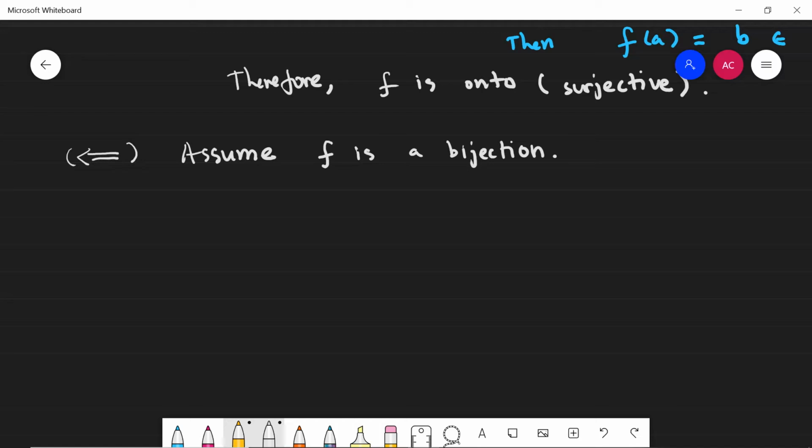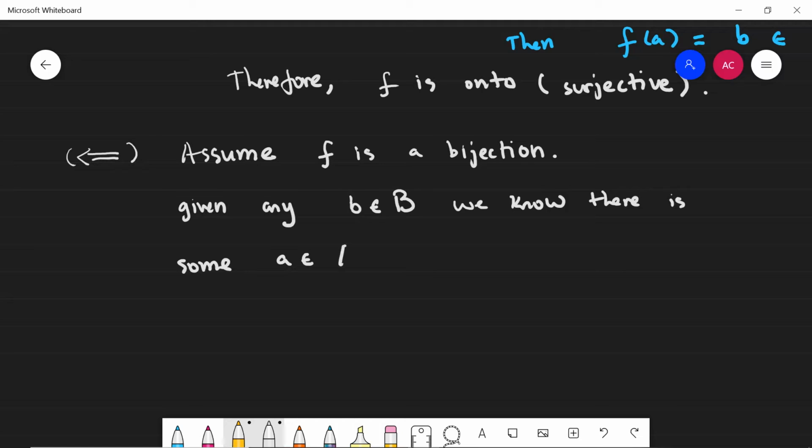Now, F is a bijection, so what I can do is this. I can say, given any element b living inside of capital B, we know there is some little a living in capital A such that F of a is equal to little b. Why do we know this? Well, we know this because F is onto, because it's a bijection.